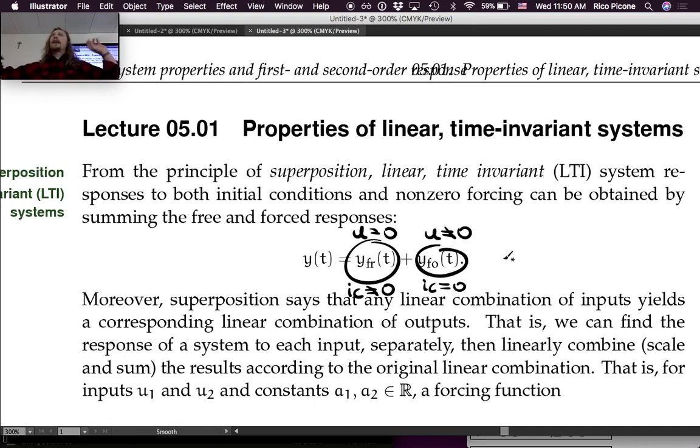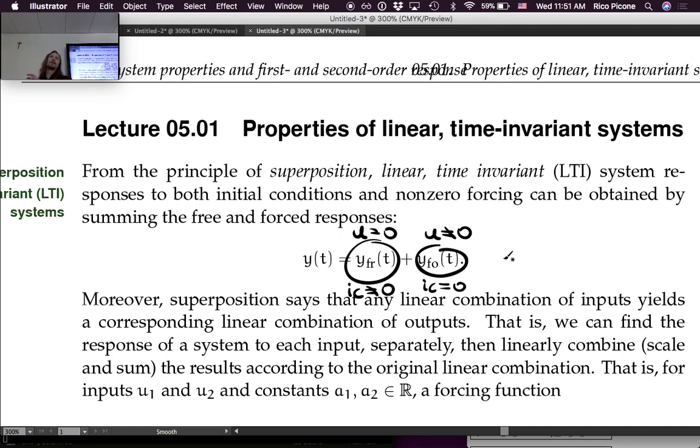And then depending on your situation, you can mash them up together according to what's going on. Maybe you just have an initial condition and you have no forcing. Or maybe you just have forcing and no initial condition. You can use these. And so we come up with tables that are really nice for constructing these solutions from free and forced responses relatively quickly. So we don't have to do the entire analysis every time.